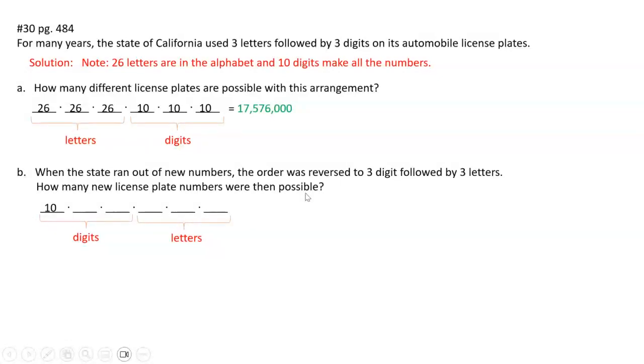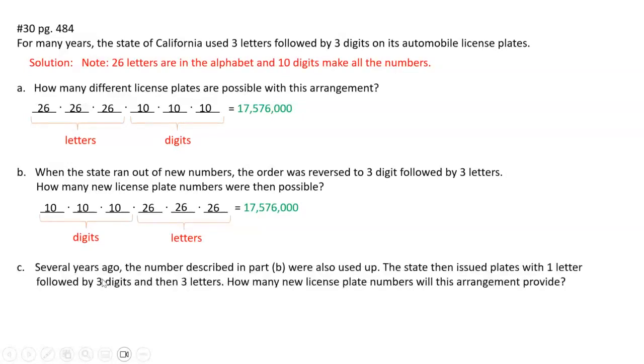All he did was do the digits first, followed by the 3 letters, which would be 10 times 10 times 10, and 26 times 26 times 26. We're going to get the same answer as we did in part A, which is 17,576,000.